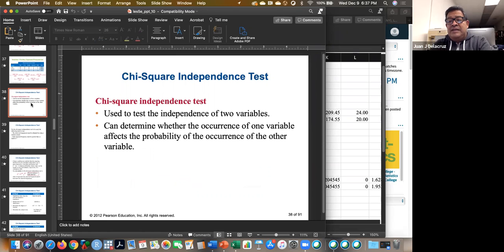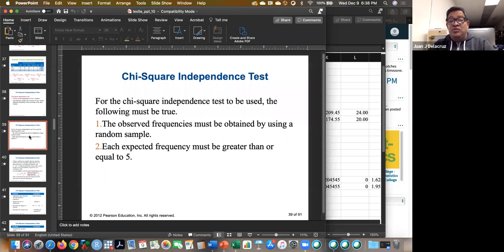As I said before, if a linear combination of two different variables, let's say A is the double of the first, then probably that is going to be dependent. Every time one changes, the other one will change. So we want to make sure that these cells are completely independent, and this test is going to make sure that this condition is met.